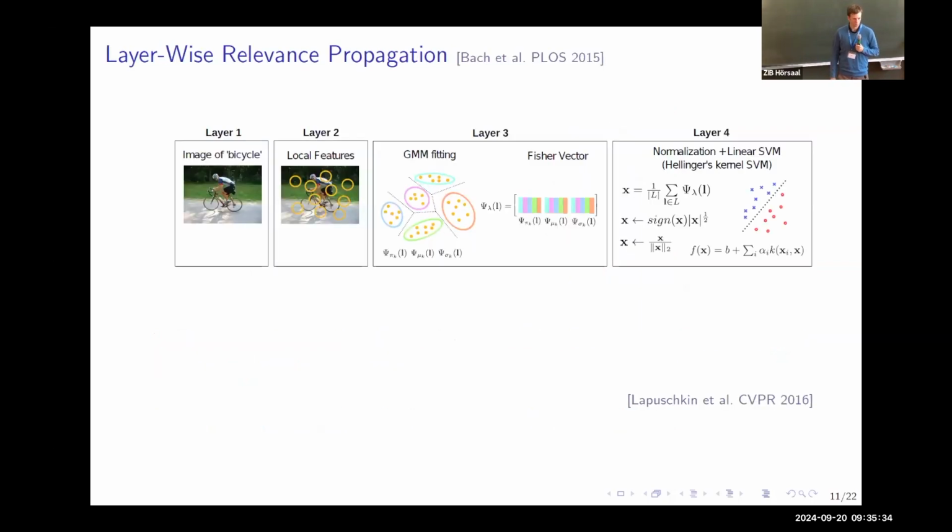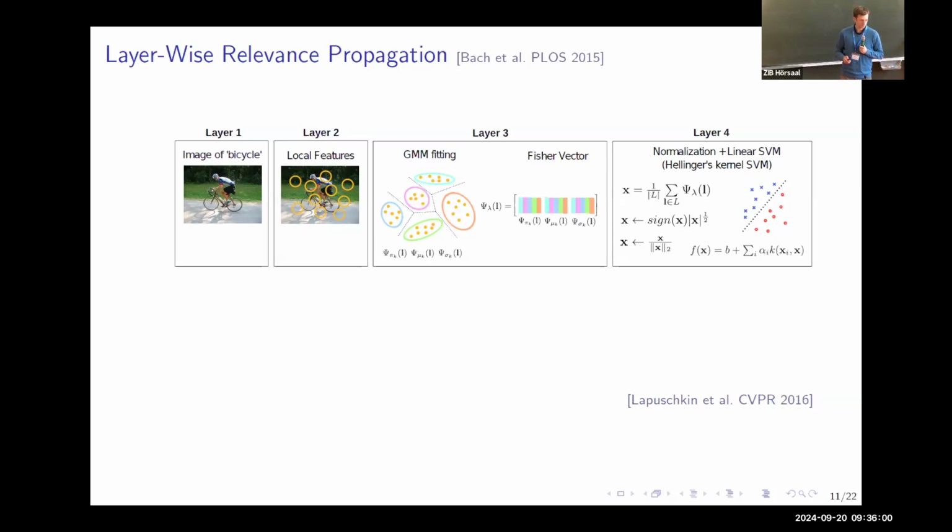Here I will just present briefly layer-wise relevance propagation, which basically addresses this problem by thinking of your classifier as a sequence of processing layers. So it can be a neural network, but it can also be something more classical, like a Fisher vector model, which consists of a few hard-coded stages.